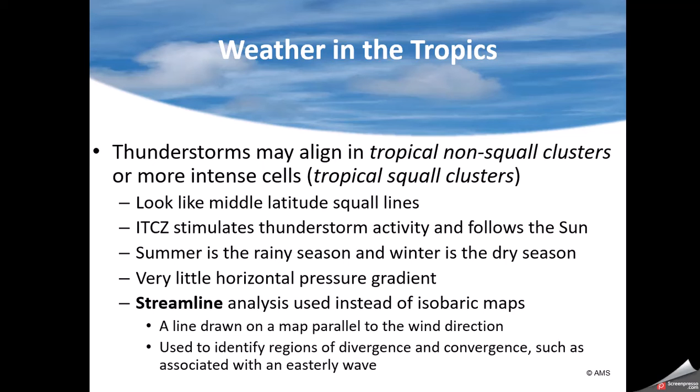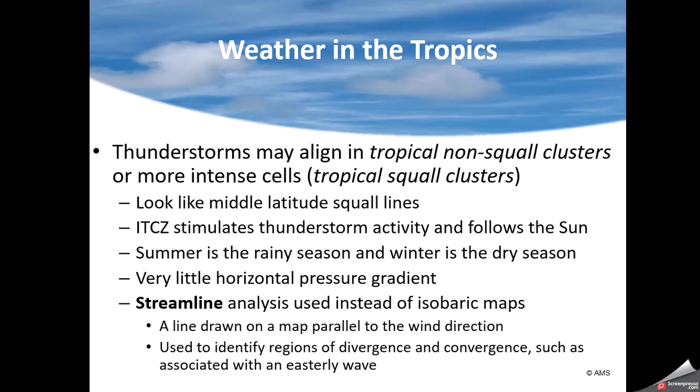Oh yeah, one interesting thing is the analysis that's done down there. Most meteorologists do not use isobars. Why? Because the pressure is uniform. There's not a lot of pressure change across the tropics. So what do we do? We look at what we call streamlines. A streamline is just taking the winds and drawing a line with the wind flow.